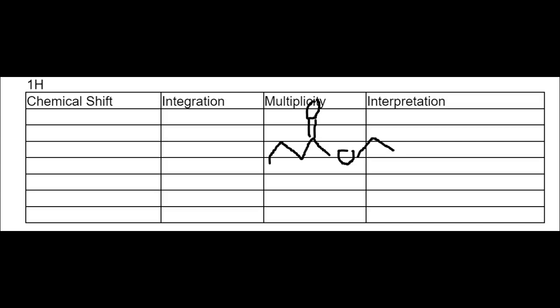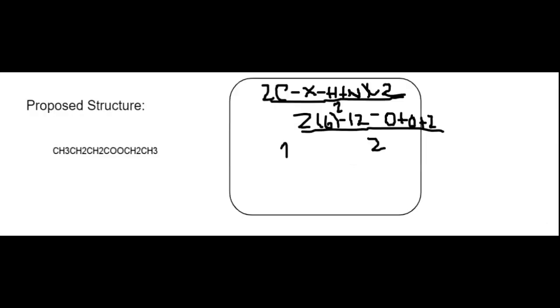Here we have this CH3, CH2, another CH2, the carbon double bonded to the oxygen, and then we have an oxygen here, another CH2, and lastly a CH3. I have included the molecular formula right here, which is CH3, CH2, CH2, COO, CH2, CH3.